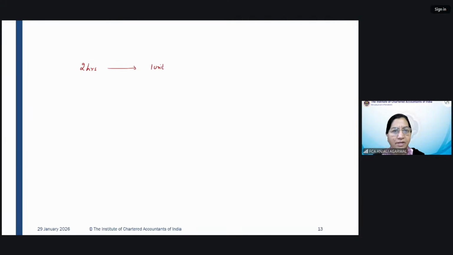So there is a direct relation, more hours, more units. That means 1 hour is equivalent to 1 by 2 units, half unit. And 2000 hours is equivalent to 1 by 2 into 2000. 1000 units should have been produced by the workers.